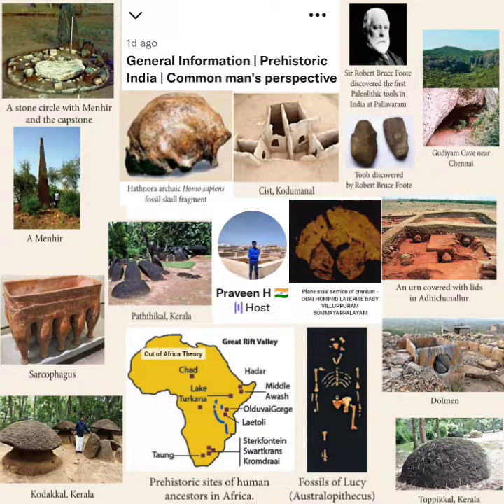Now, the evidence of hominin, which is the intermediate species between Homo sapiens and Homo erectus. There was a report of a fossil fragment discovered by Robert Bruce Foote from Athirambakkam, as I previously mentioned, but its whereabouts are not known now.